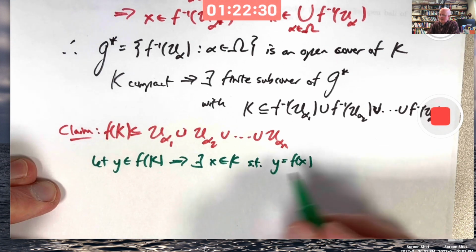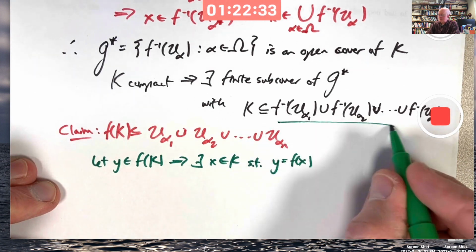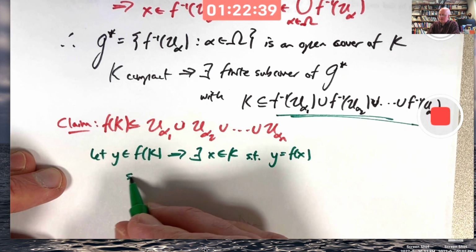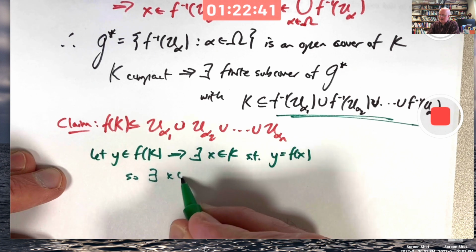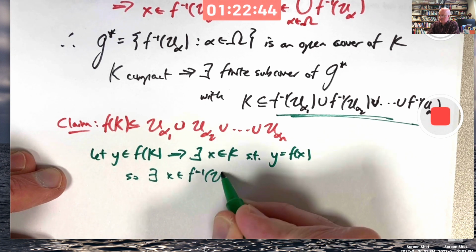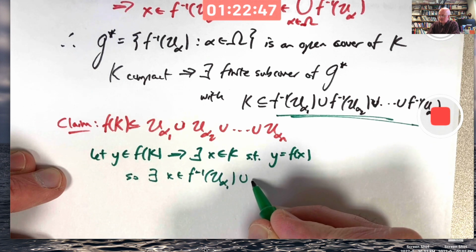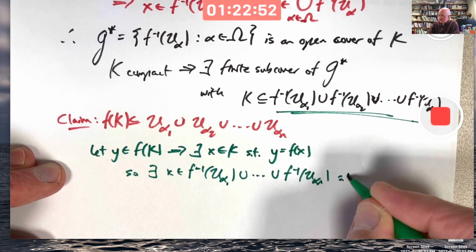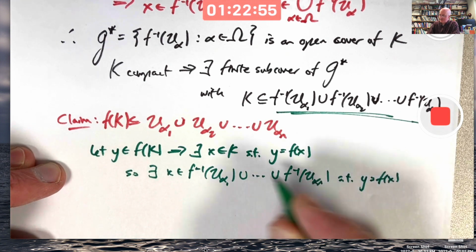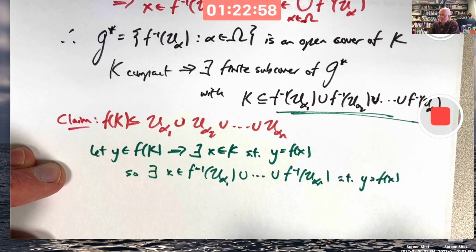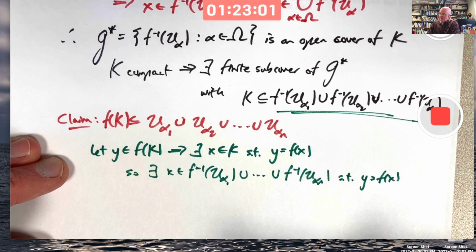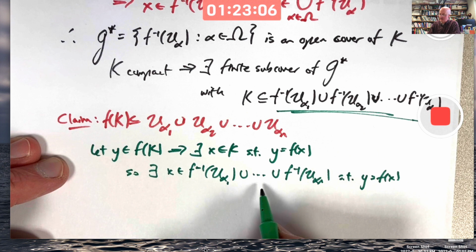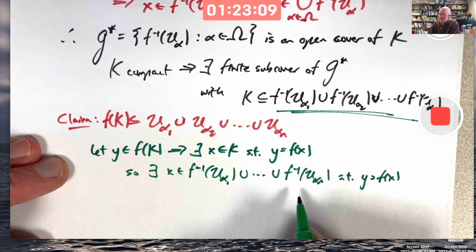But x is also in this union of these preimages. So there exists an x in the union of those preimages such that y equals f of x. I could have put that x was in the union of the preimages right away. And what does that mean? x is in one of these preimages, because it's in the union.